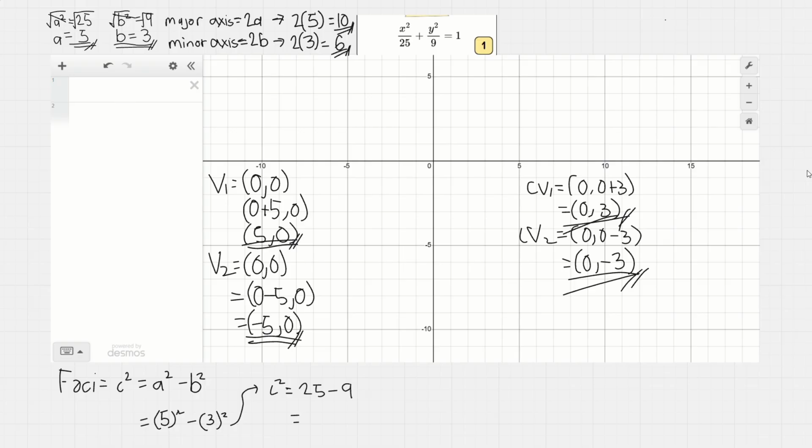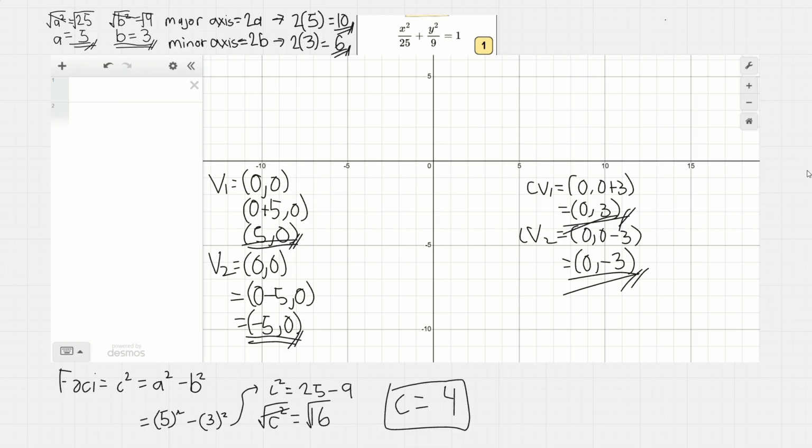Now, 25 minus 9 is 16, but we still have c squared. How do we get rid of the square? We're going to square root both sides. So c will be 4.